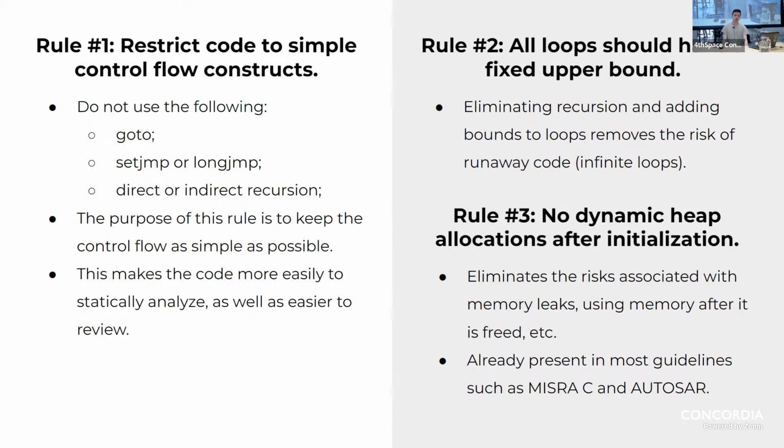Now, the second rule is when we're implementing a loop, let's say in a case where we don't have a choice but to use recursion, or we're using a for loop, a while loop, a do while, any type of loop, we want to make sure that we have a fixed upper bound. What that means is that for any loops or any recursion in the project, you can only iterate a certain maximum number of times.